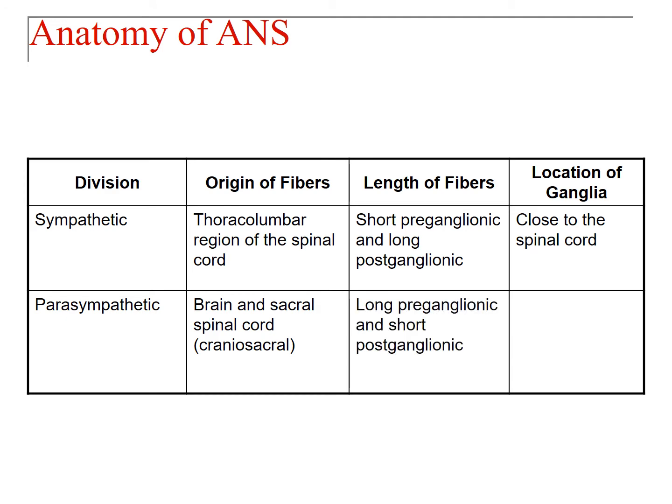It will have long preganglionic fibers and short postganglionic fibers. And because the preganglionic fibers are long, a lot of the time the ganglia are right on top of or actually in the visceral effector organs. There are some exceptions to this, which we'll see, but in most cases, the ganglia are right on top of the effector organs. We'll see a diagram again of this, which shows this a little bit better than this text.